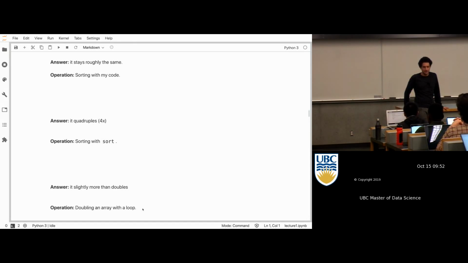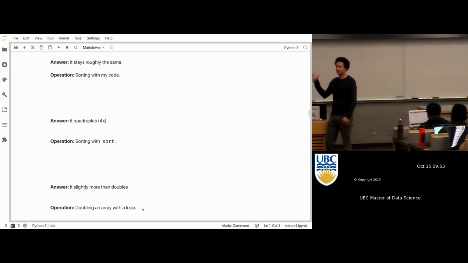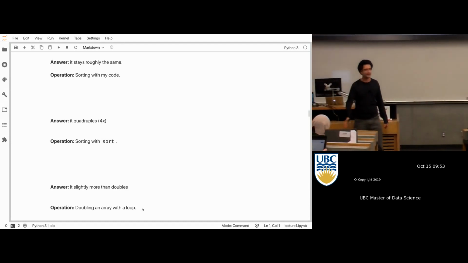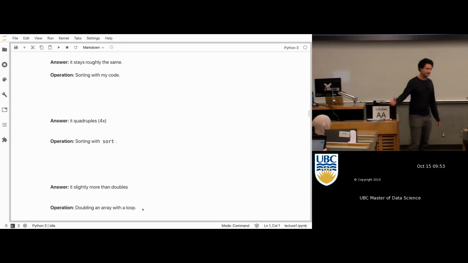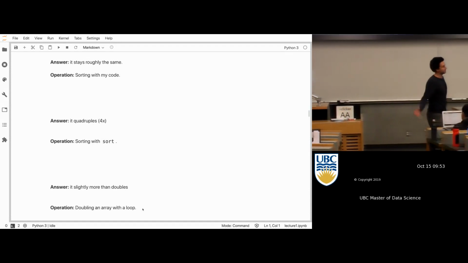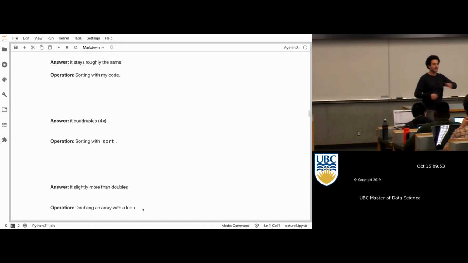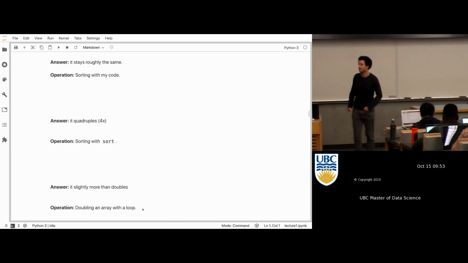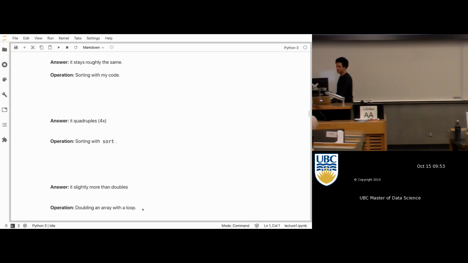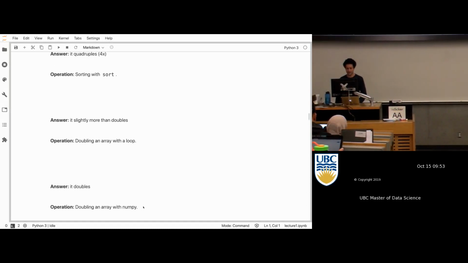Yes, but Sam, right? Yeah. Yes, it would double. That's right. So this is very similar to the searching in a list. I'm just cranking through one at a time, multiplying this number by 2, multiplying this number by 2, multiplying this number by 2. And if I have twice as much stuff that I have to deal with, it's going to take twice as long. So that's right. That would also double.